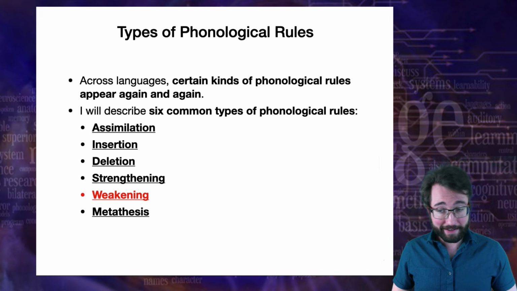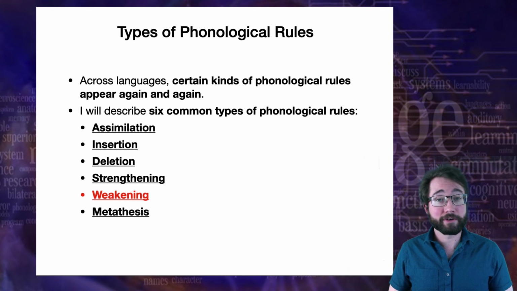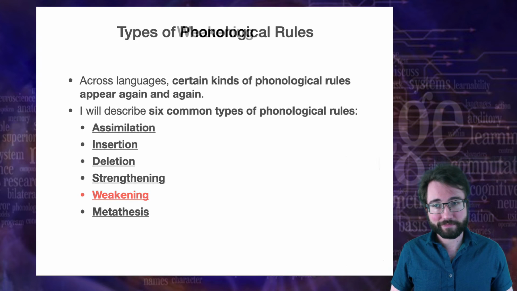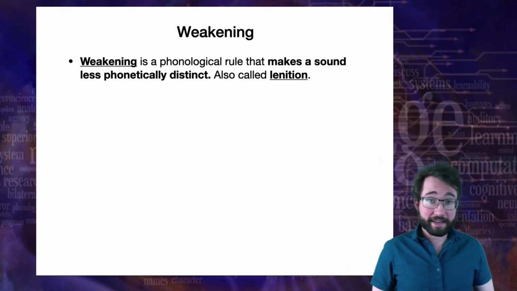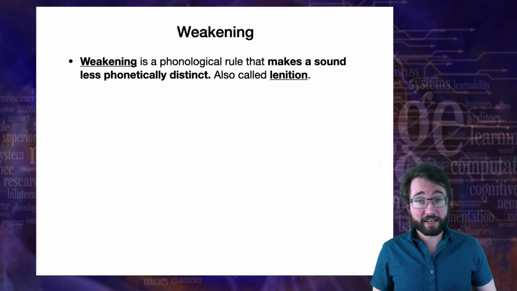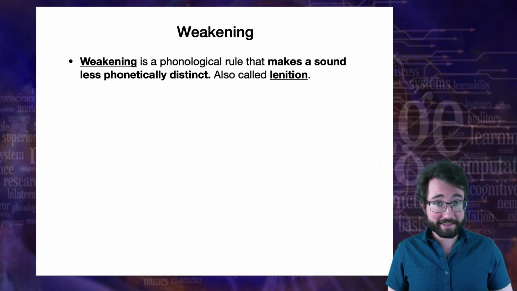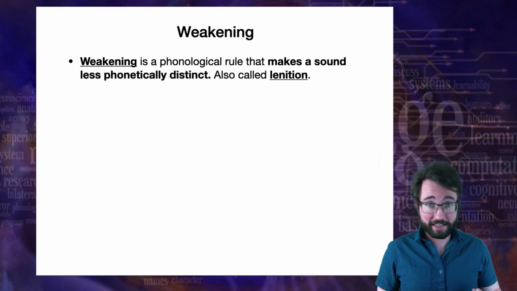Now, weakening is, as you might imagine, the mirror image of strengthening. Weakening is any phonological rule that makes a sound less phonetically distinct, and the more technical term for this is lenition.